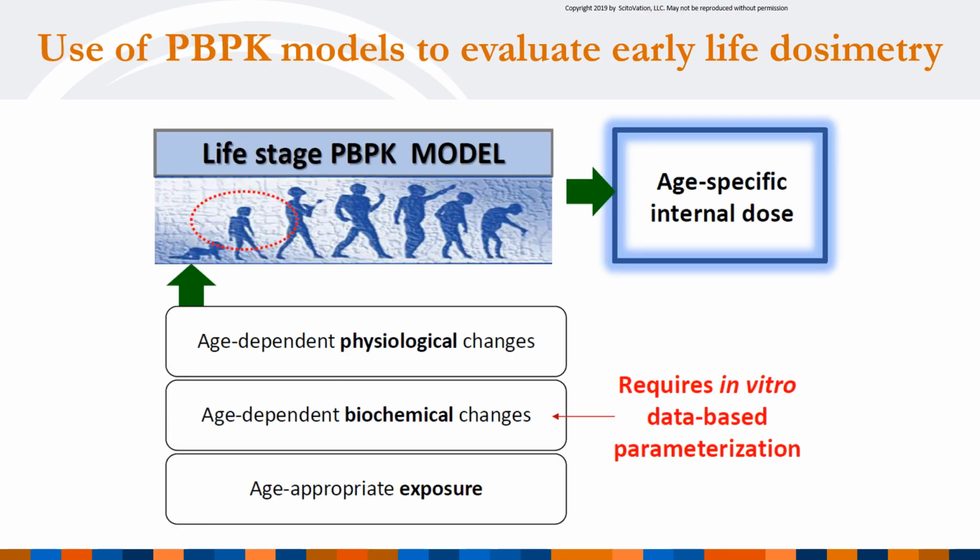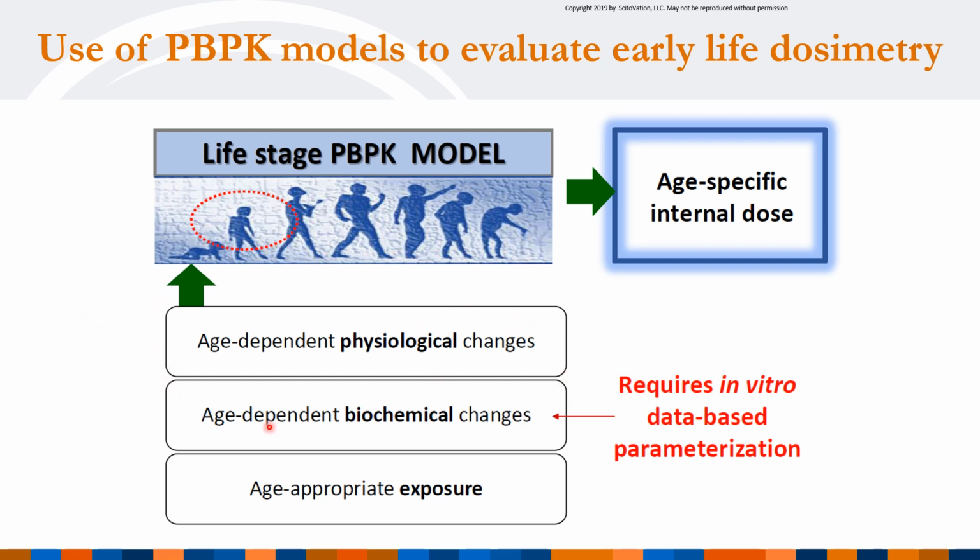So here you have an example of the development of a life stage PBPK model. This life stage PBPK model allows us to have age-specific internal dose in plasma or target tissues. But to populate this model, we need different types of data. Like I said previously, we need age-dependent physiological changes.